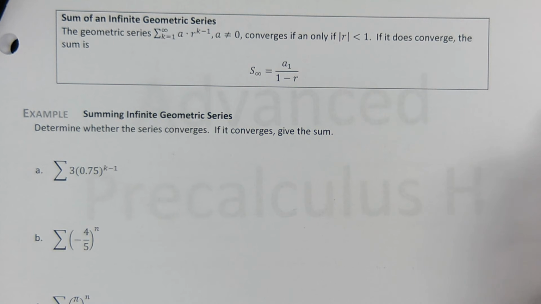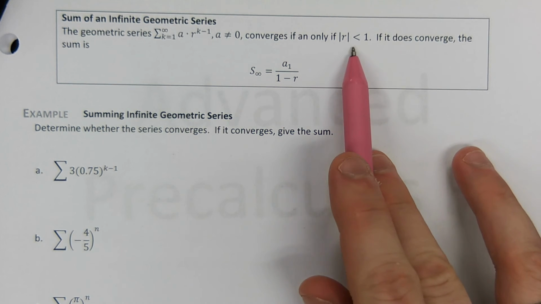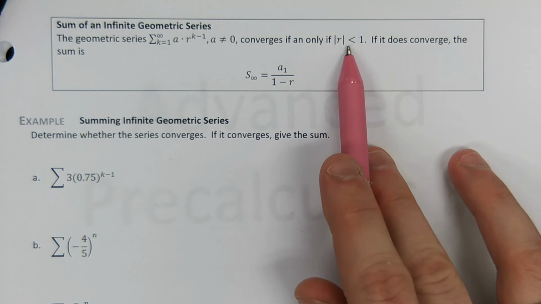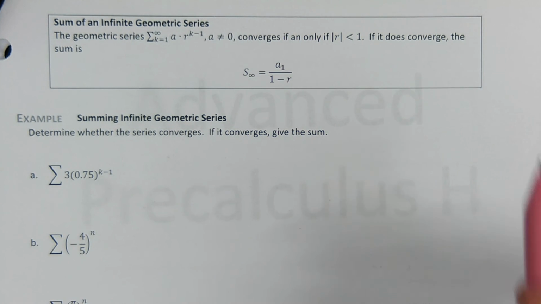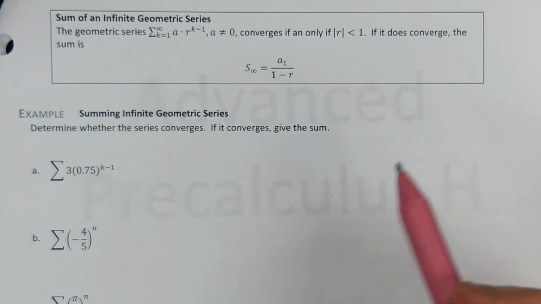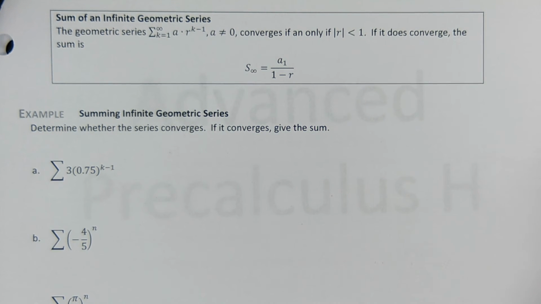If it's anything outside of that range, it'll diverge. Cool with that? As long as r is small enough, meaning between 0 and 1 or between 0 and negative 1, then this is how you would add up the infinite number of terms. It's just first term divided by 1 minus r. Pretty darn cool.